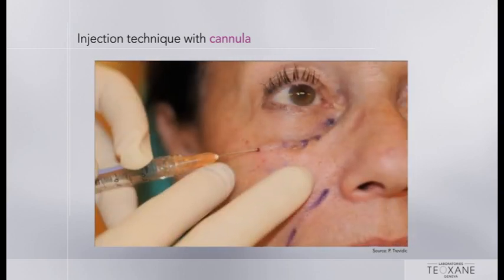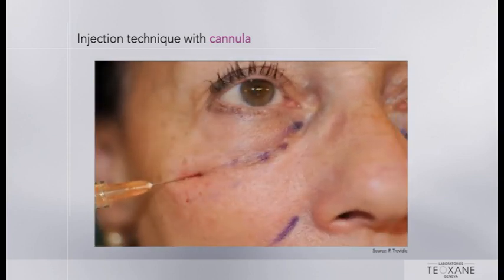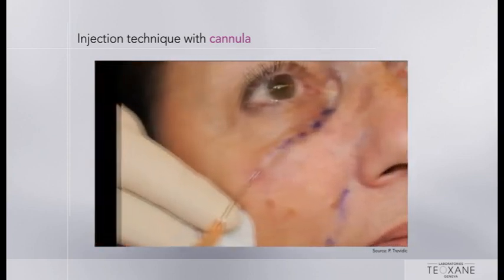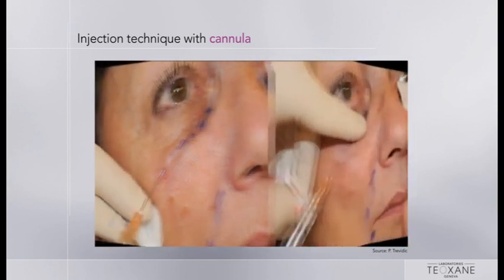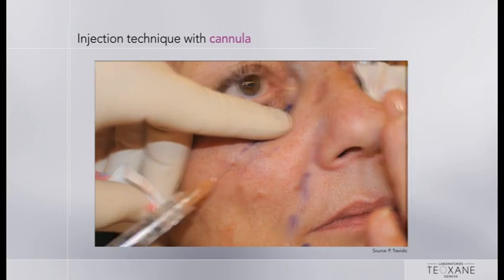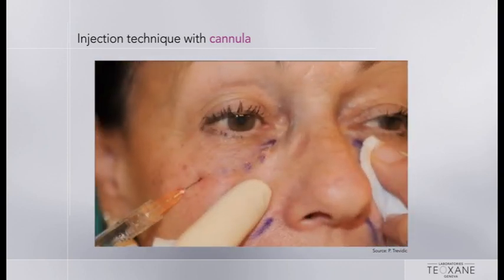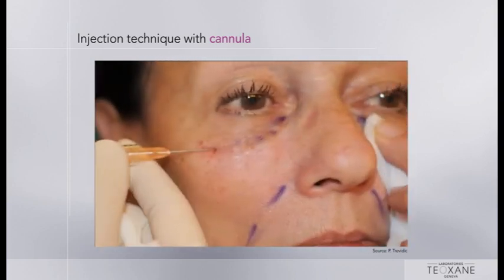The product is injected with a retrograde technique, enabling control of the end of the cannula. Then the area under the tear trough is filled for a global harmonization.